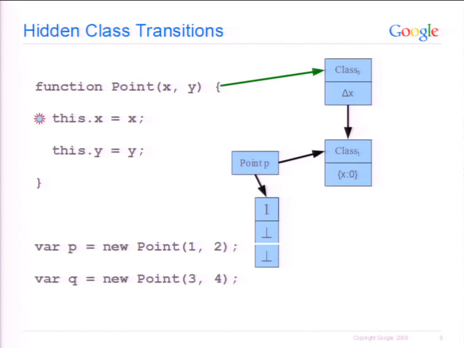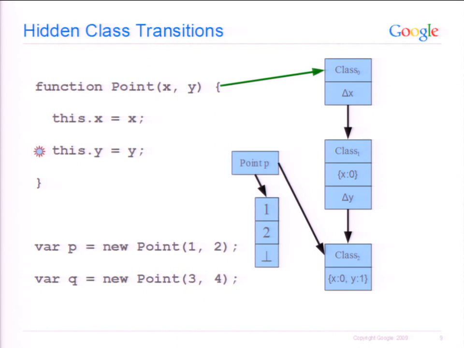What you can also notice is there's something called a map transition. And that tells you that if you have an object with class 0 and you add a property x to it, please use this transition and find the new class for the object.